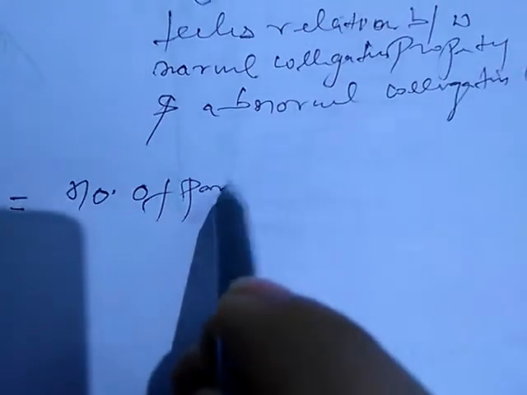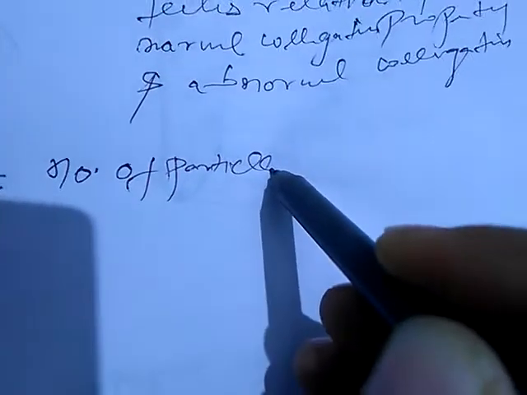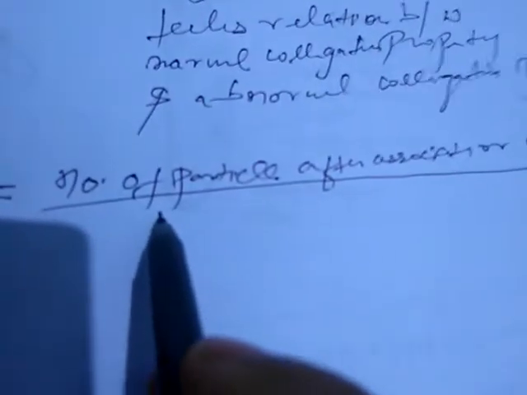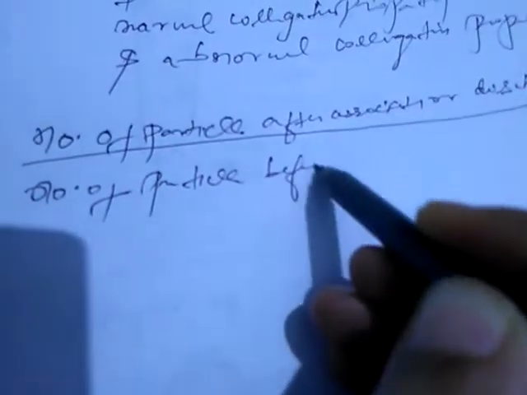So how does it tell? Let's see. Van 't Hoff factor is equal to the number of particles after association or dissociation, divided by the number of particles before association or dissociation.